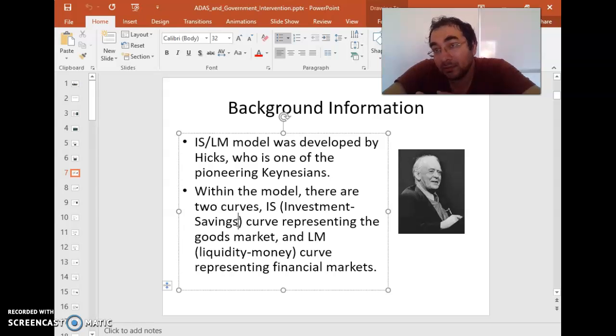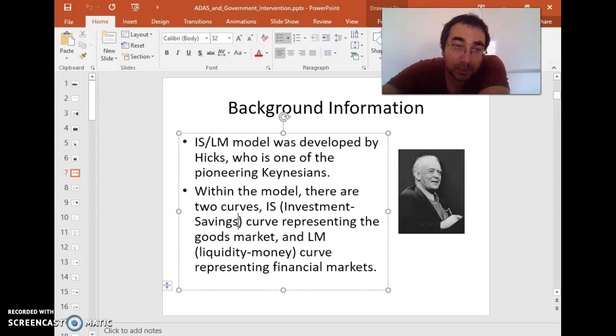So basically, increasing the output level will increase the interest rate, which will decrease the investment level, and which will put a brake on the increase in the output in this case. So while in the goods market you have a mechanism which, by decreasing the interest rate, might increase the output level, the financial markets might put a brake on the increase in the output level through increasing the interest rate.